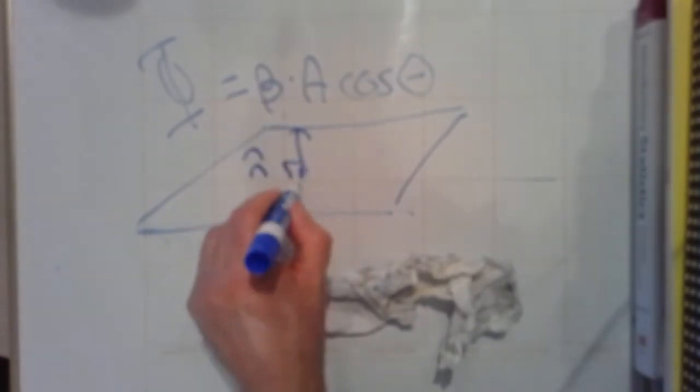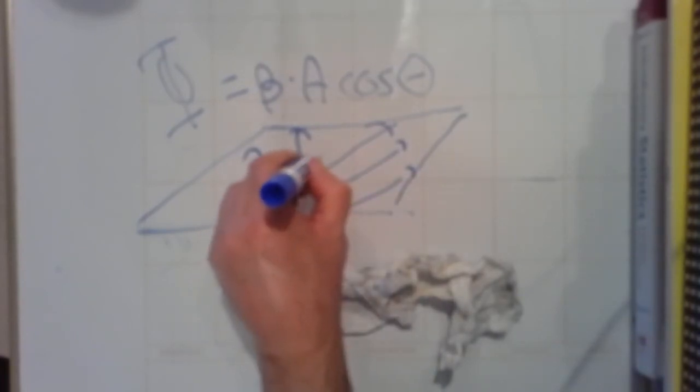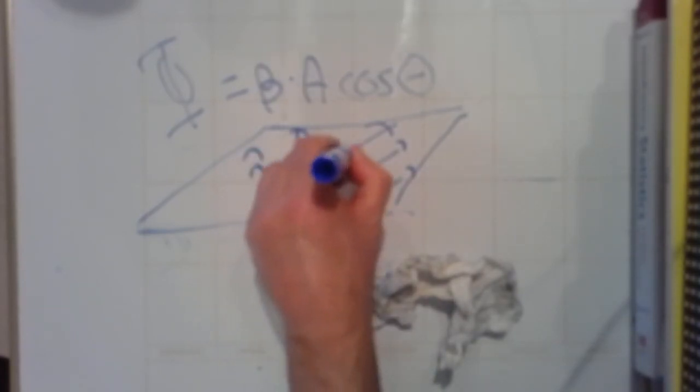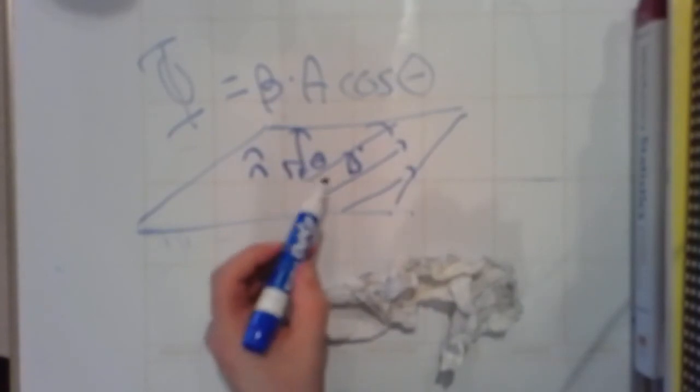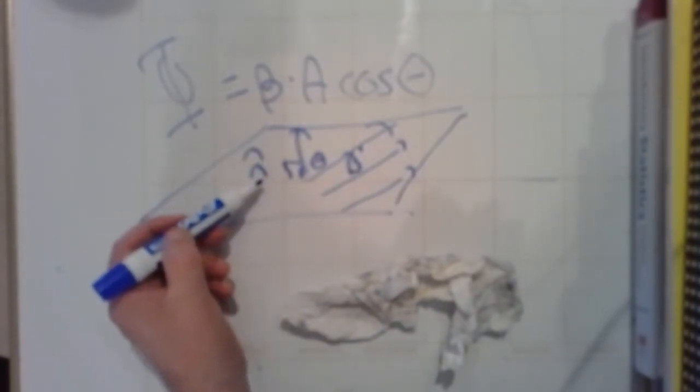So if I had B coming in at some angle here, theta here is the angle between B and perpendicularly through A, the normal vector to A. So what if we're changing the angle? Then we'll create a flux.